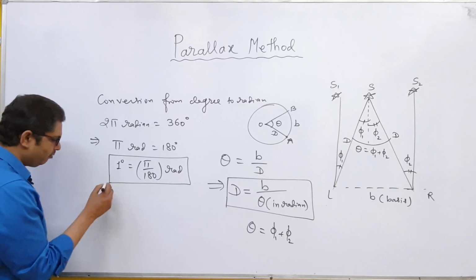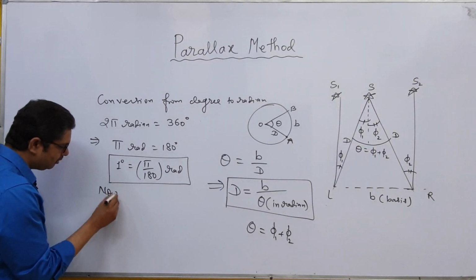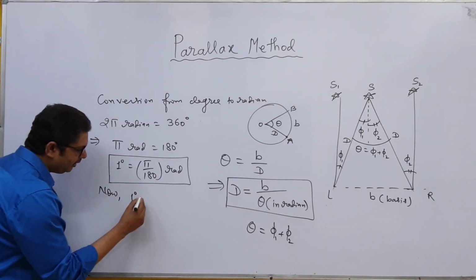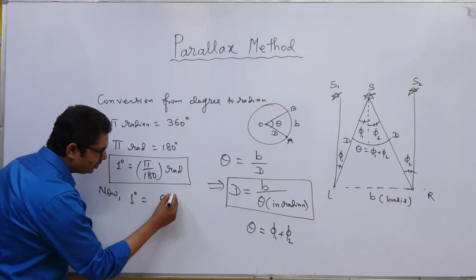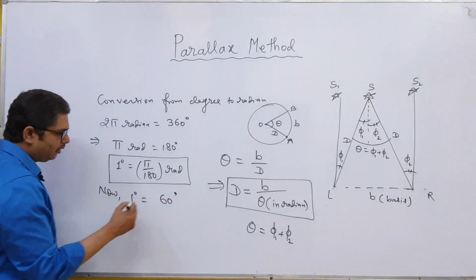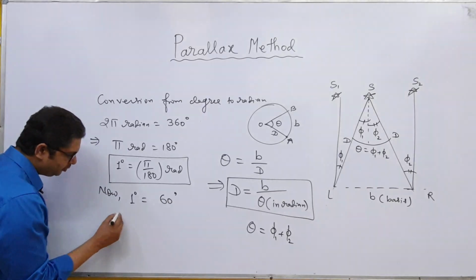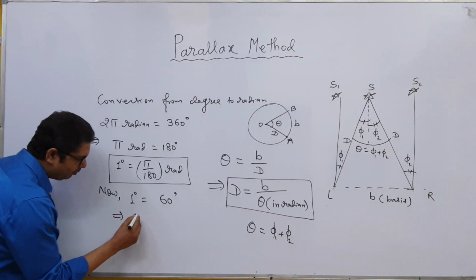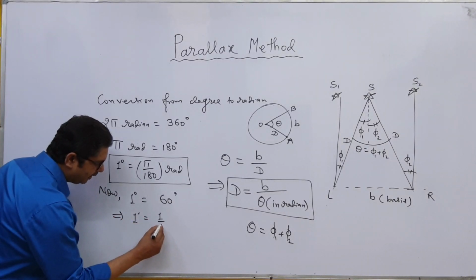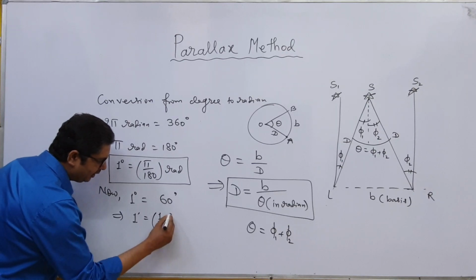Now we know that 1 degree is equal to 60 minute. So from here you can write that 1 minute equals 1 by 60 degree.